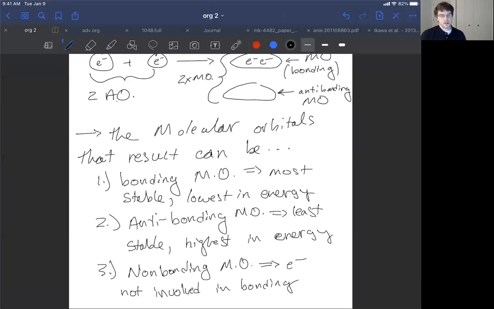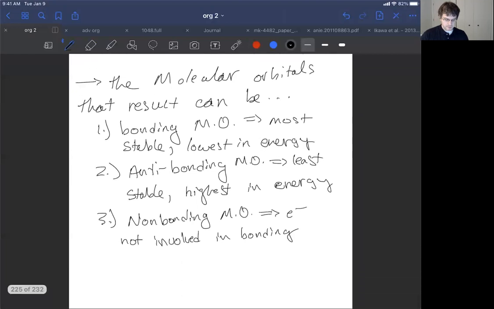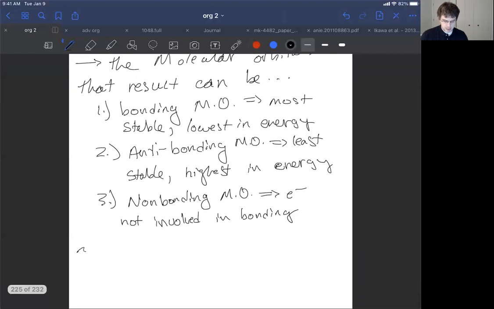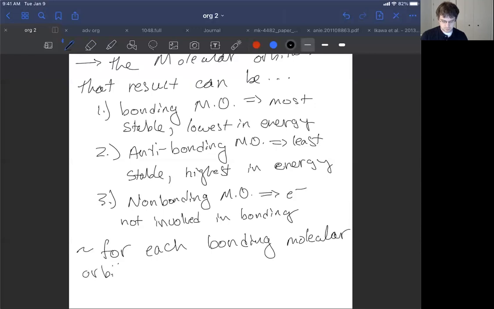Okay. The takeaway here, though, is for each bonding orbital, there's an anti-bonding molecular orbital. One anti-bonding molecular orbital.